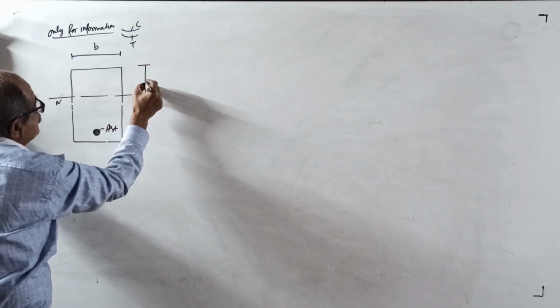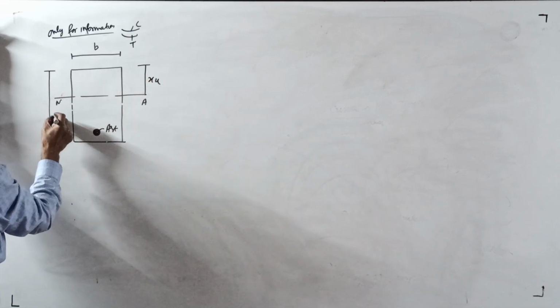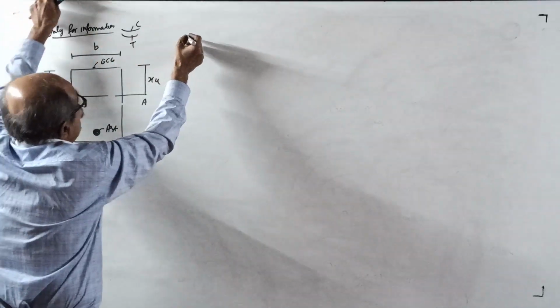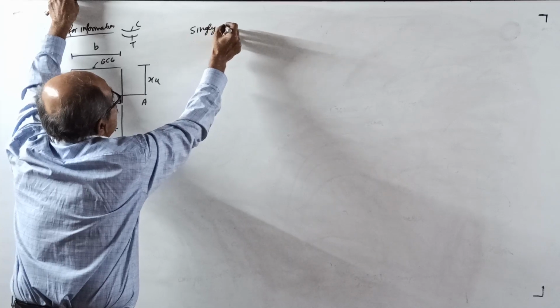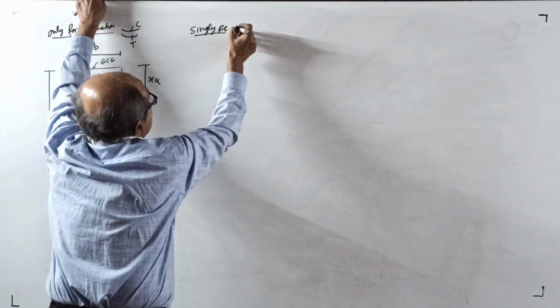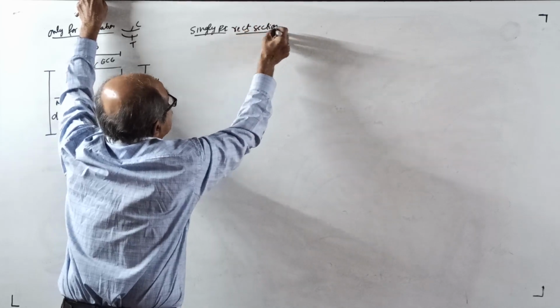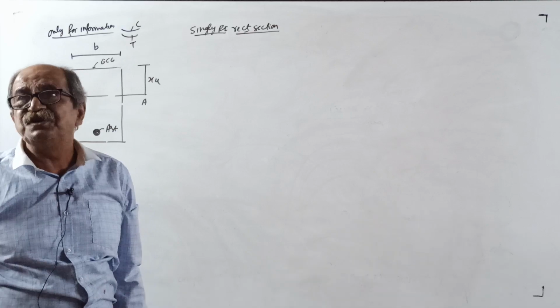This distance is Xu. From here to here is effective depth D, because this is the extreme compression edge. I am first telling singly reinforced rectangular section, only for understanding purpose. Next class, very slowly I will give equations.